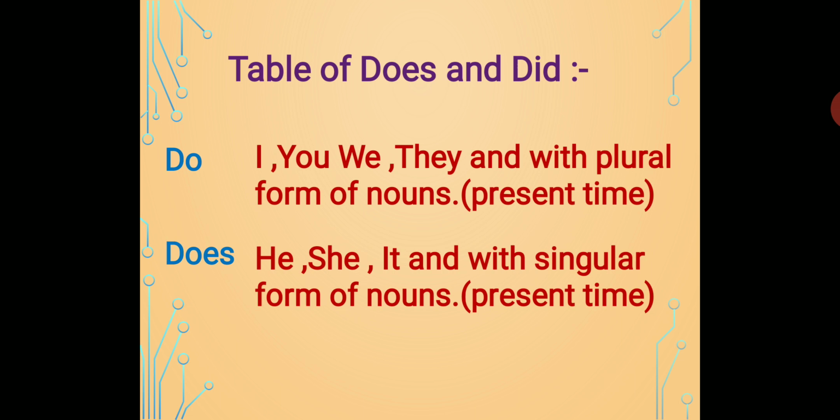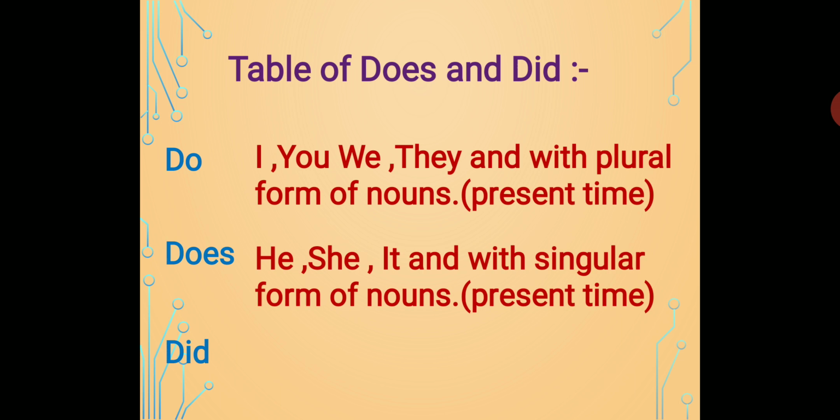Remember only one thing: if the verb is in its s, es and ies form, and we want to ask the question or make the sentence negative, then we will use does not or does, to make an interrogative sentence and a negative sentence.